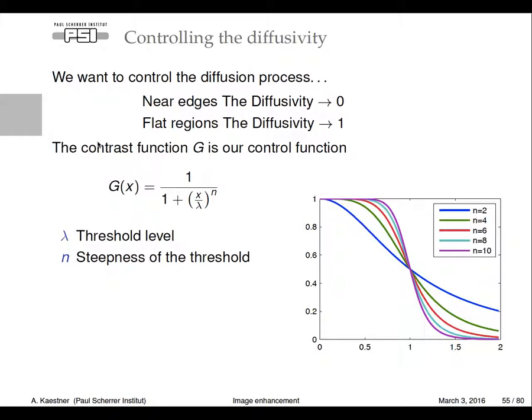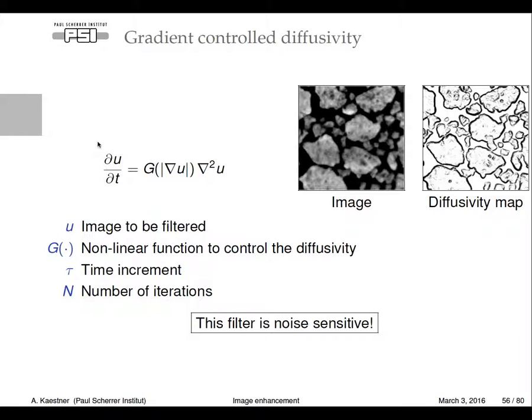Having this function, and by tuning the parameter, you can set a threshold level, which is the lambda, and n is the steepness. By that, you can control the diffusivity of the function. For the original image, we would get a diffusivity map looking like this. White means a lot of filtering, and black means block, so no filtering at all.